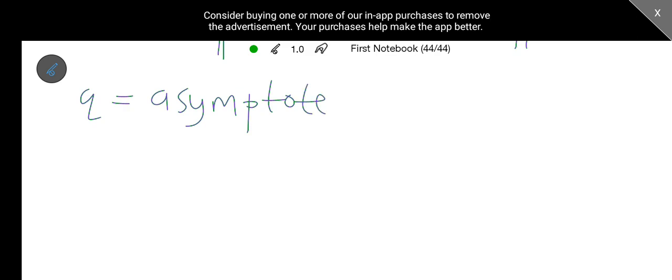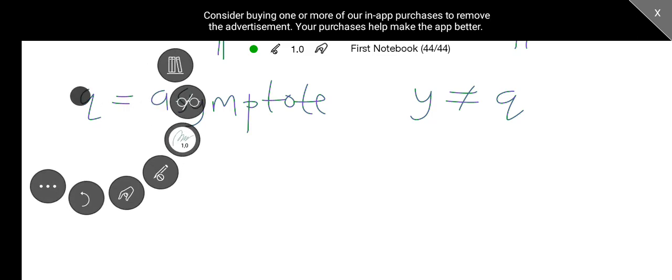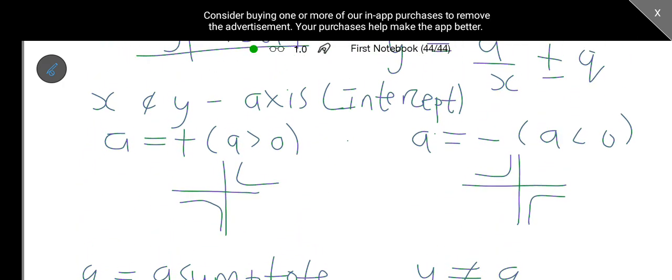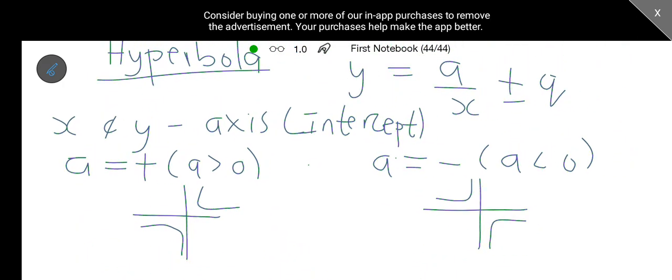An asymptote by definition is a line that a graph approaches but never touches. This means that the values of y are not defined on the asymptote. They don't exist. We say it's a line that the graph comes nearer and nearer to, but will never touch.